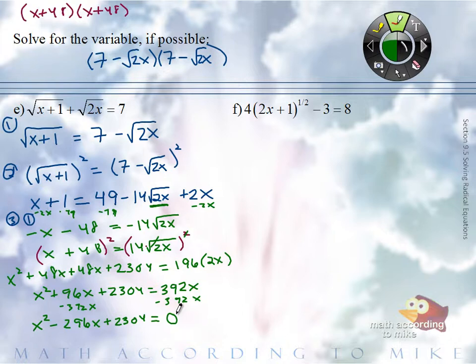Think of two numbers whose product is 2304, but whose sum is negative 296. Someone say 8 and 288. Good job, class. 8 and 288. So here's the moral of the story.